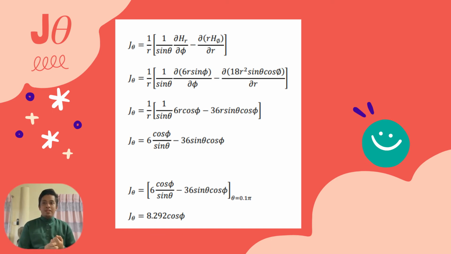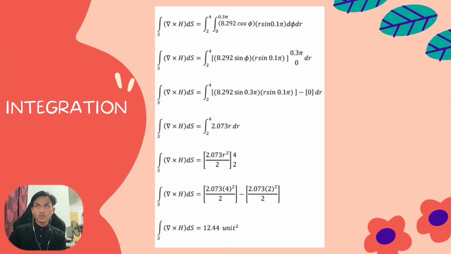After differentiating, the equation is simplified by multiplying the 1 over r in front of the bracket with the r inside the bracket. Then the value theta equals 0.1 pi is substituted into the equation because the surface is in the a_theta direction, which gives the final answer equals 8.292 cos phi.